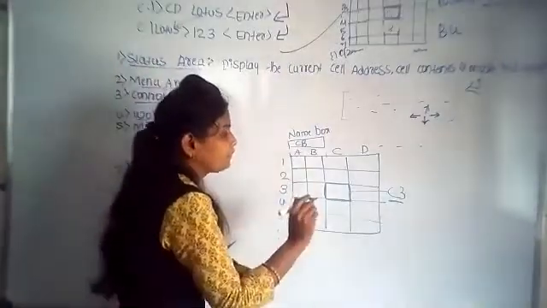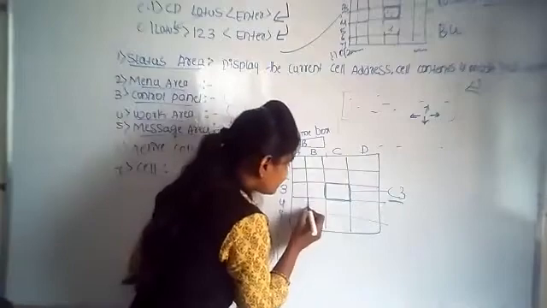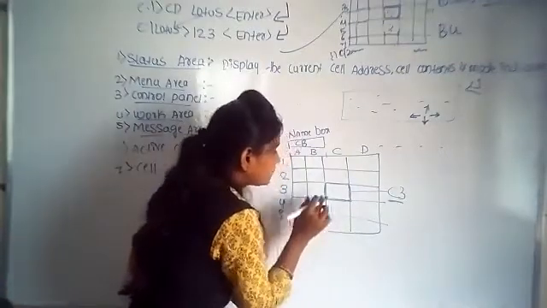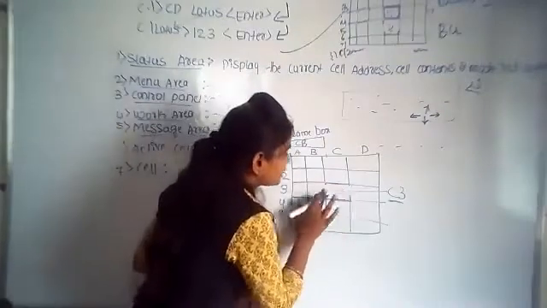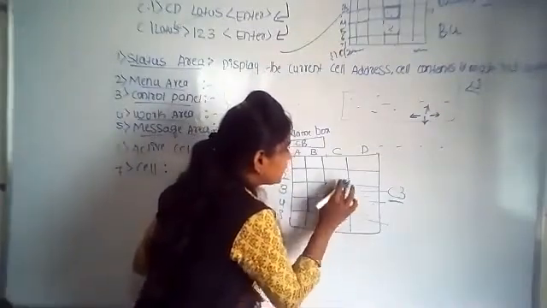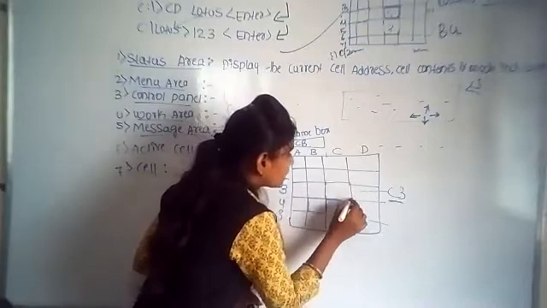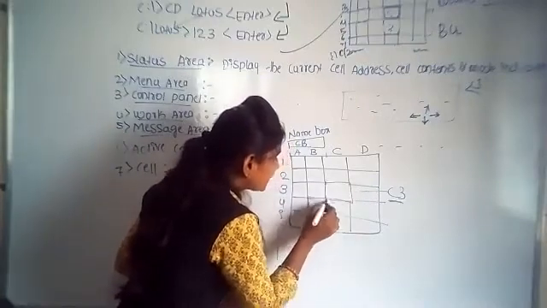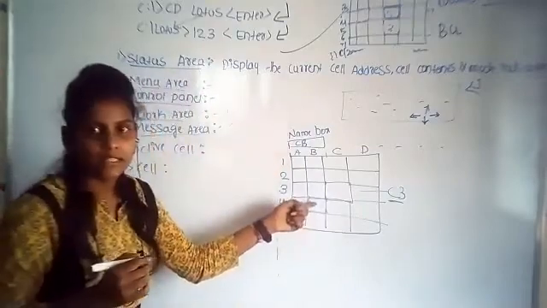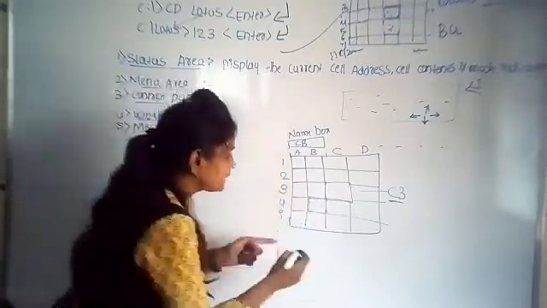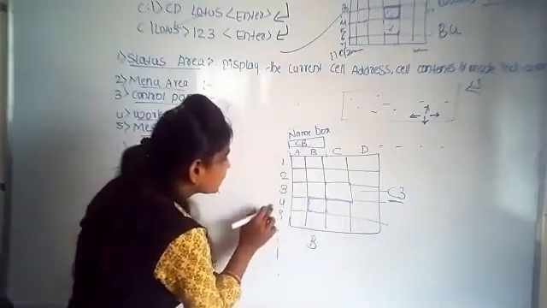Assume that you entered here, then after entering, this automatically becomes inactive. What was active becomes inactive and looks normal. This one gets a thick border. This is now the active cell, which is in the B column at the fourth row.